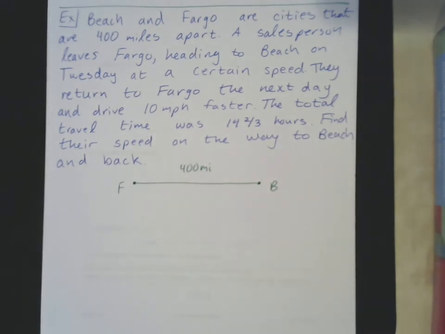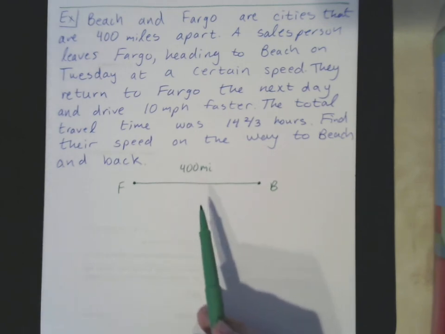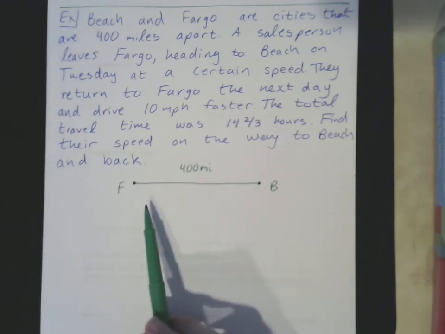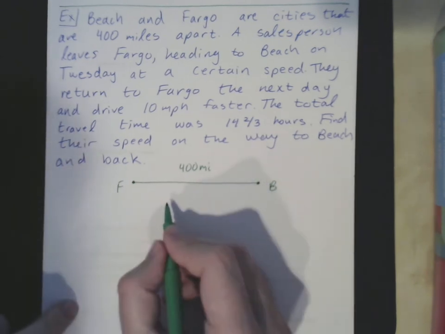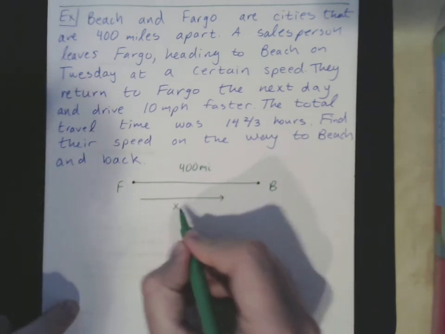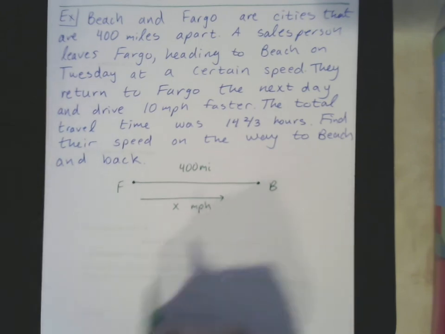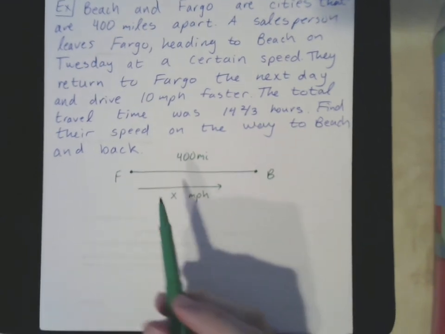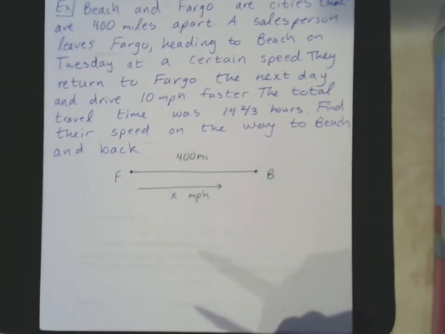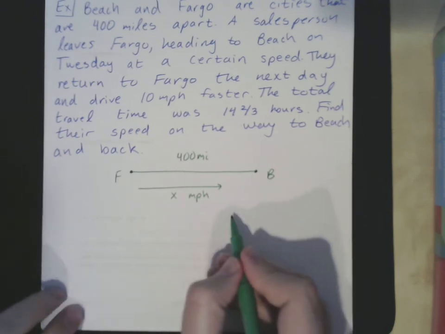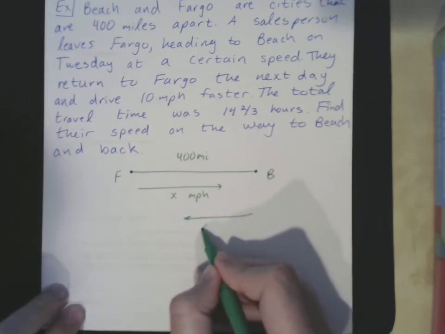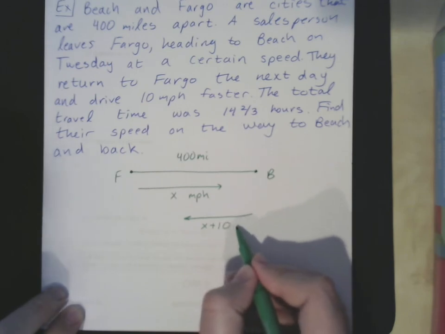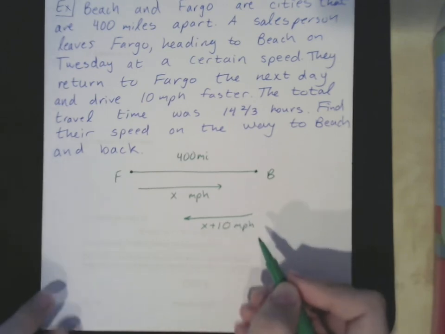And we need to know, as we're traveling to Beach this way, we went a certain speed. Since it's vague, we're just going to give it x as the variable. And then on the way back, we went 10 miles an hour faster, x plus 10 miles per hour.